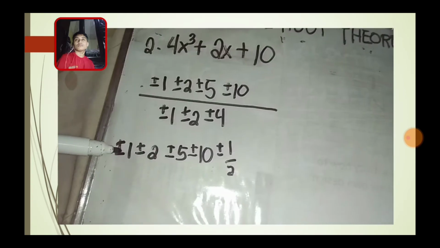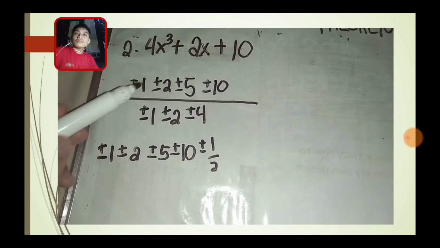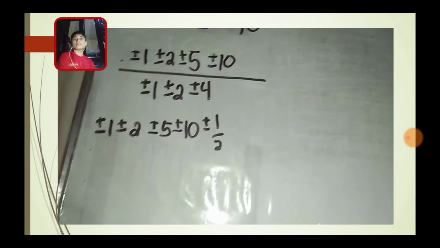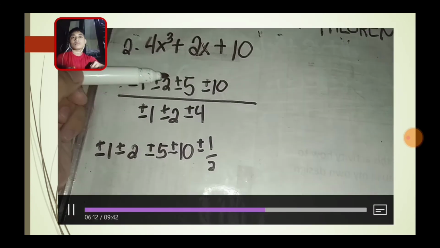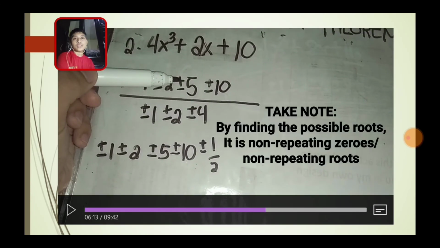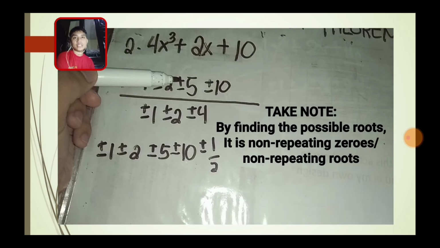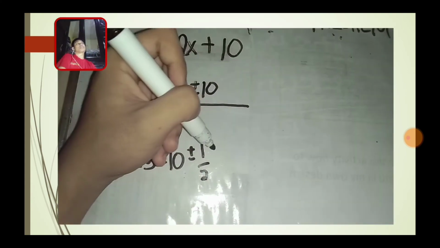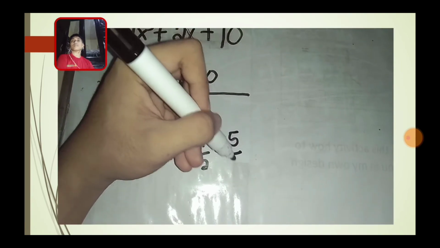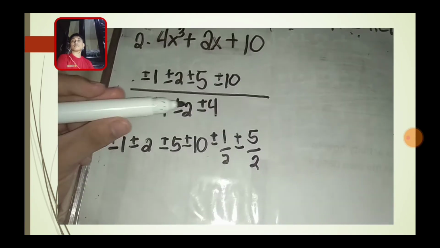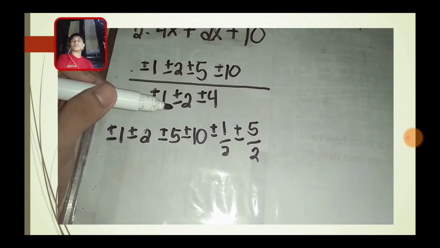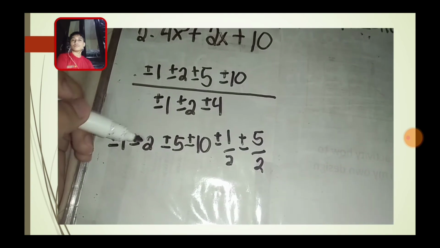The terms cannot be repeated. For example, when we divide positive negative 1, it is already there, so why repeat it? So, we do not repeat it. In short, we have positive negative 5 divided by positive negative 2 is equal to positive negative 5 halves. Then, positive negative 10 divided by 2 is equal to 5. Right? So, we do not repeat.